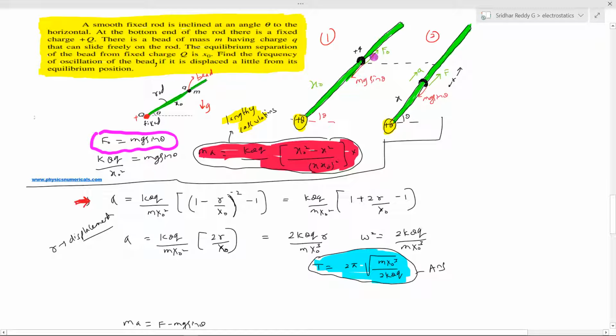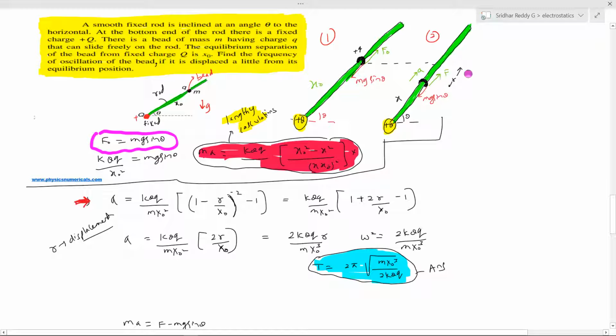Now, I'm going to slightly displace the bead along the rod and release it, and it is going to execute SHM. The time period of its oscillations has to be determined. Now when I slightly displace it by distance r, what will happen to the electrostatic force?